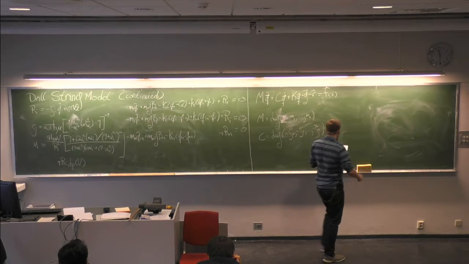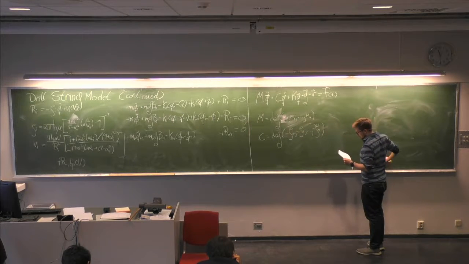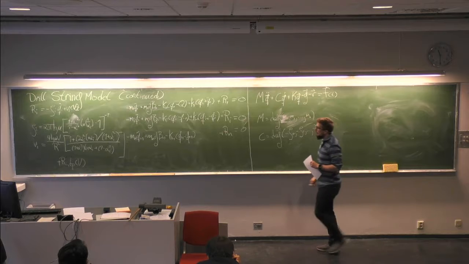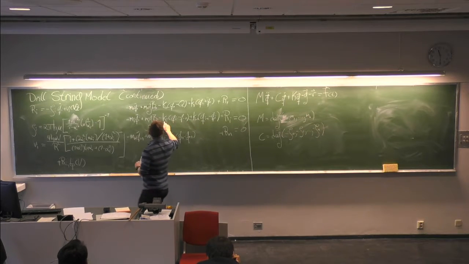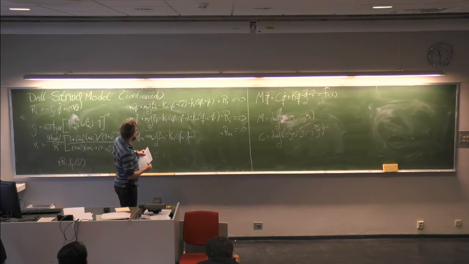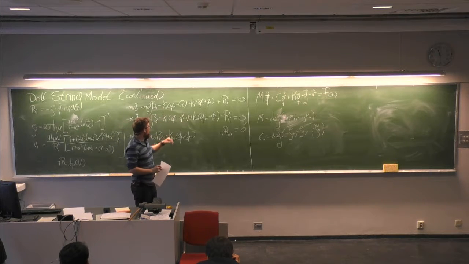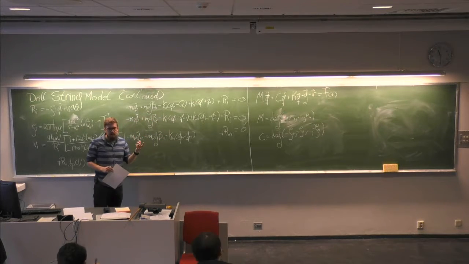Now the K matrix. We see that the spring constants are mixed, because in the first row we have both 0 and 1, and in all the rest we have both i and i+1.